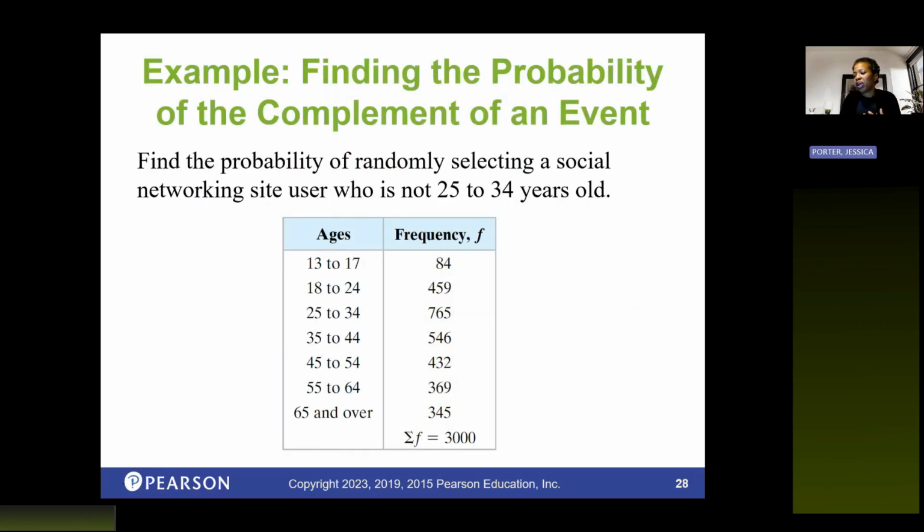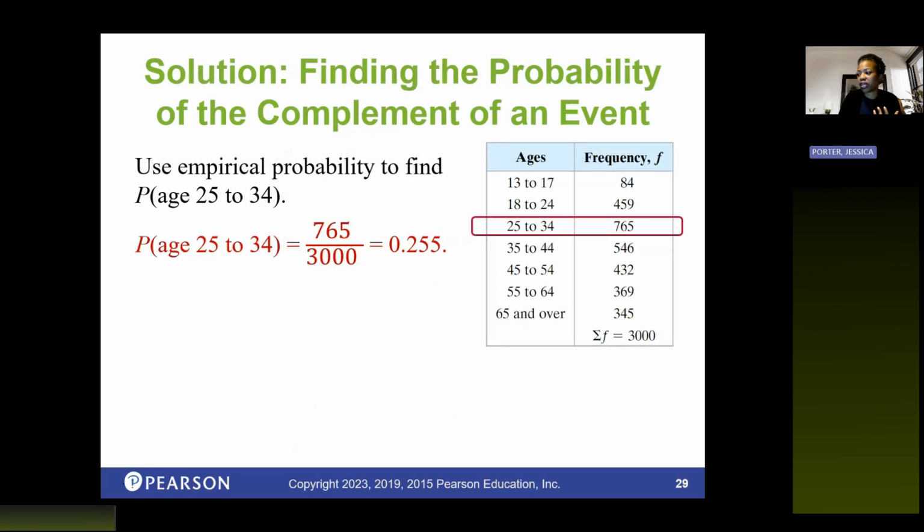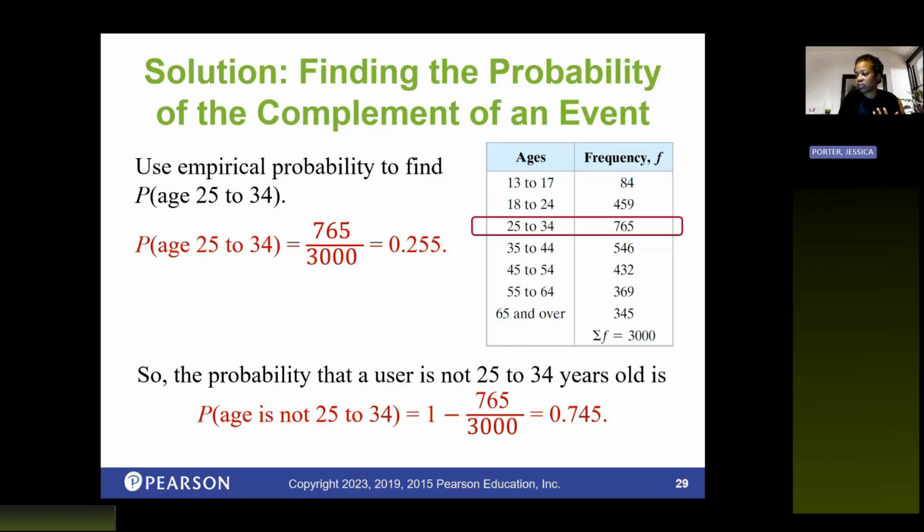We already did this problem. You already figured out what the complement was. So find the probability of randomly selecting a social networking site user who is not 25 to 34 years old. And we already figured that it was 2,235 out of 3,000.